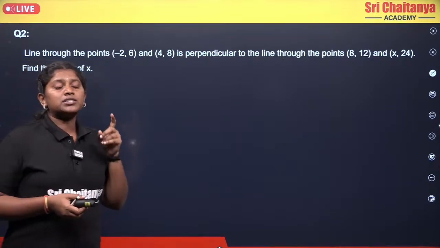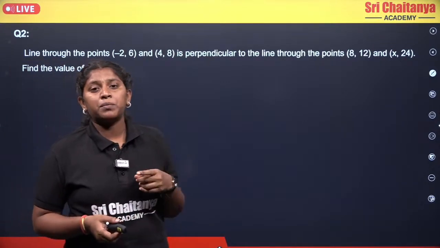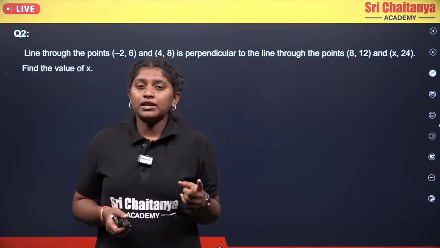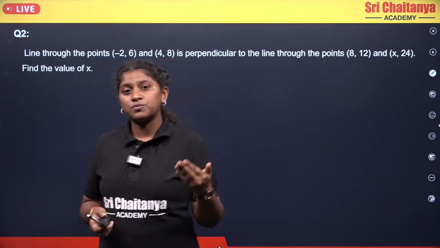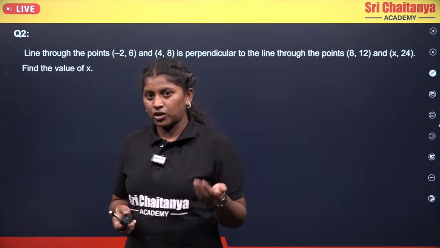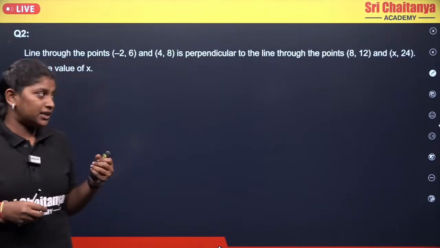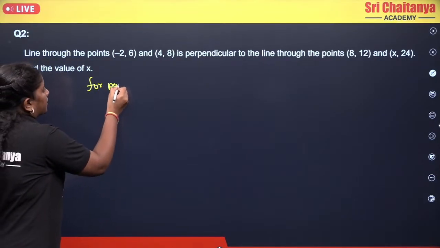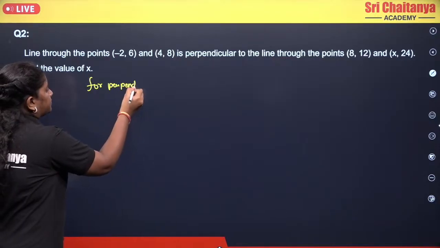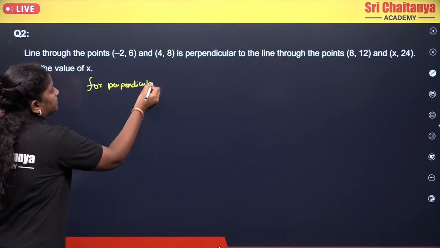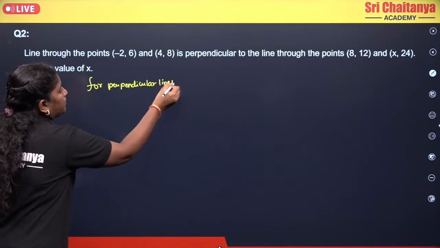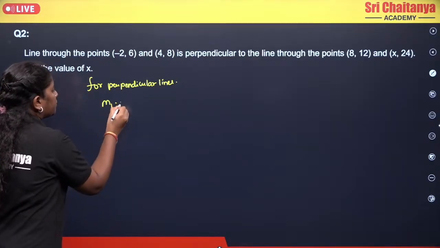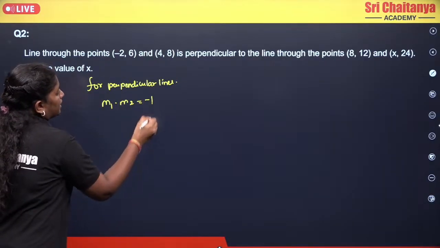First of all, we take the condition for perpendicular lines. Perpendicular lines means the product of slopes equals minus 1, so m1 into m2 equals minus 1.